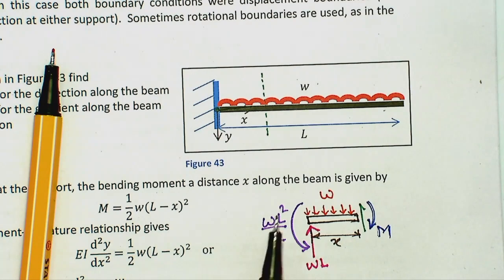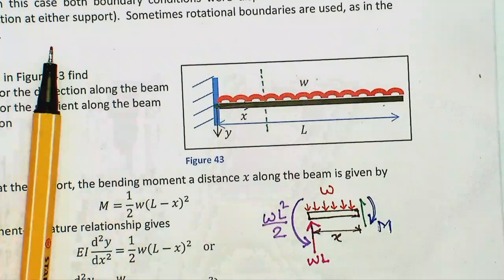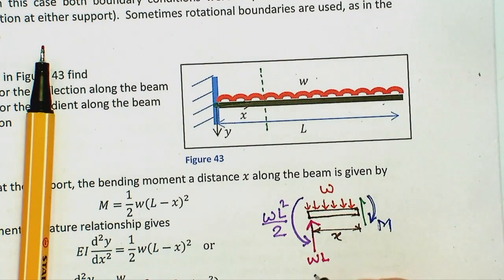Then the moment you can find out is WL squared over 2 with a minus sign, minus WL times x, etc. You could do that. So in these expressions you could write the moment as clockwise here, M. This moment is anti-clockwise, minus WL squared over 2.